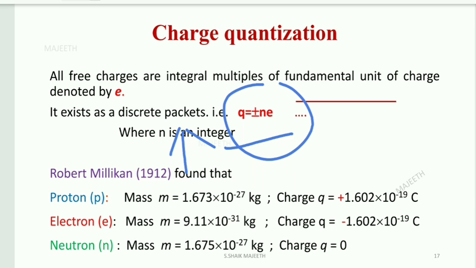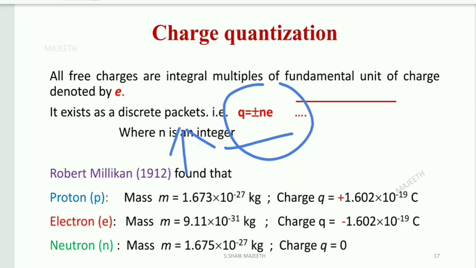This concept can be used only when we analyze the charges at the microscopic level. That means when we analyze in depth, even at the smallest level, only then do we have to use charge quantization. If you are going to analyze charges in an overall big way, that is the macroscopic way, then we don't need the charge quantization concept, right?